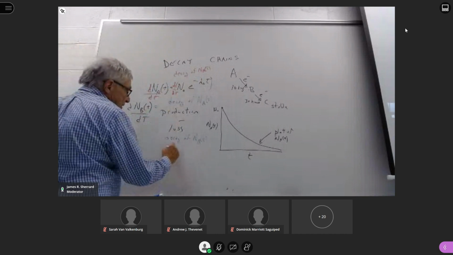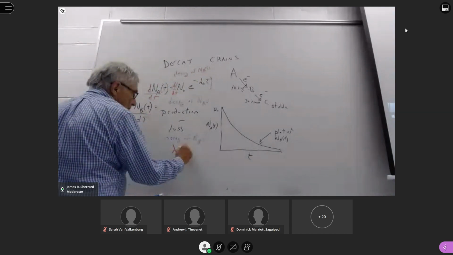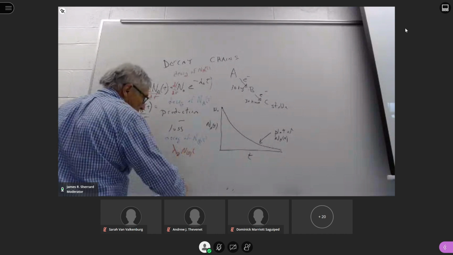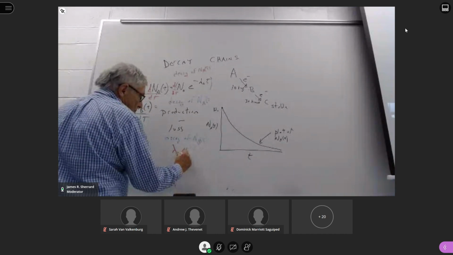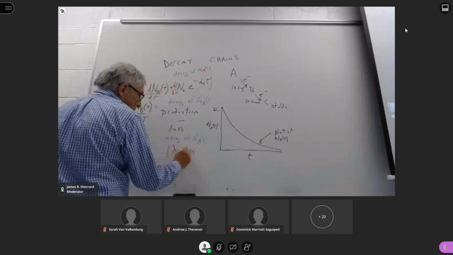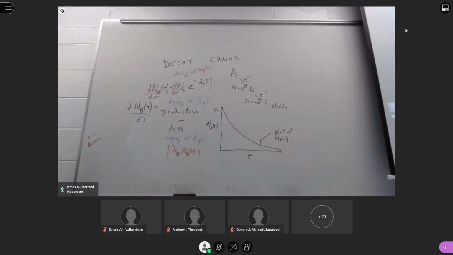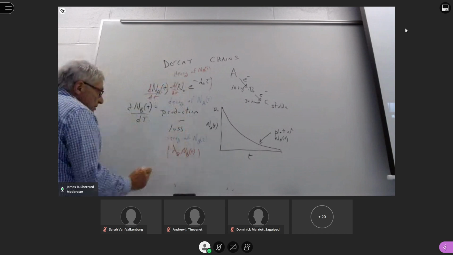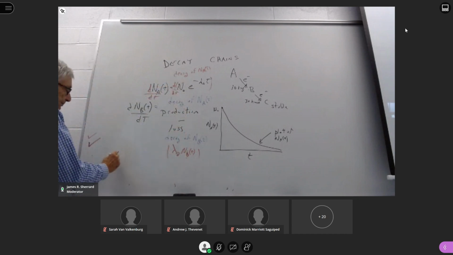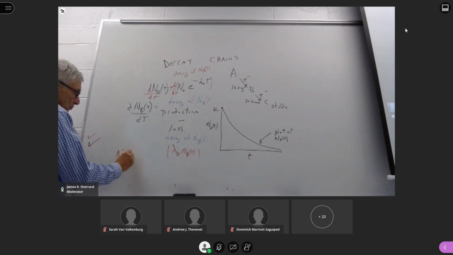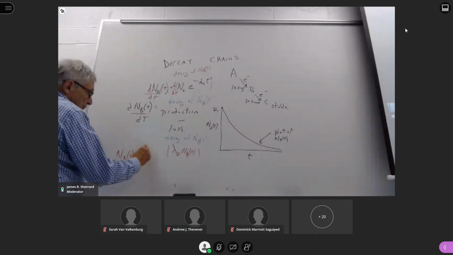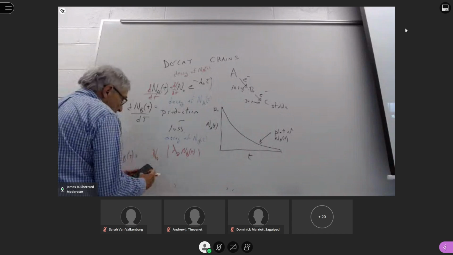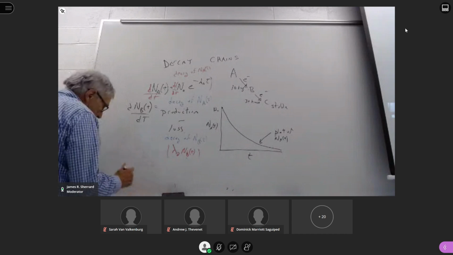And if we look at the decay of B, we know that decay of B is just its natural radioactive decay. If I substitute this into here, and then solve that, let me go back and see if I can get a better one here.